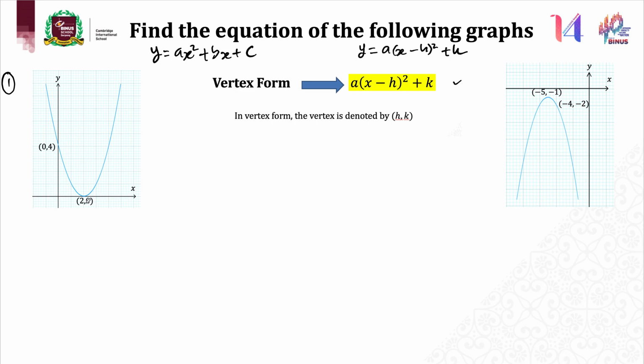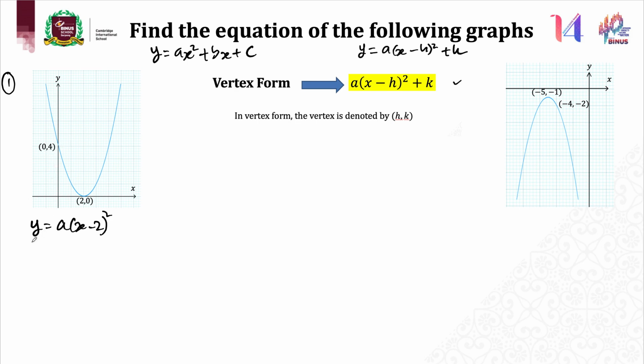Now, given the vertex is 2, 0, right? If the vertex is 2, 0, then the quadratic equation is a times x minus h, in this case 2, so x minus 2 in the bracket squared, plus k, which is 0, no need, yeah? And after that, we know that it passes through the y-intercept.